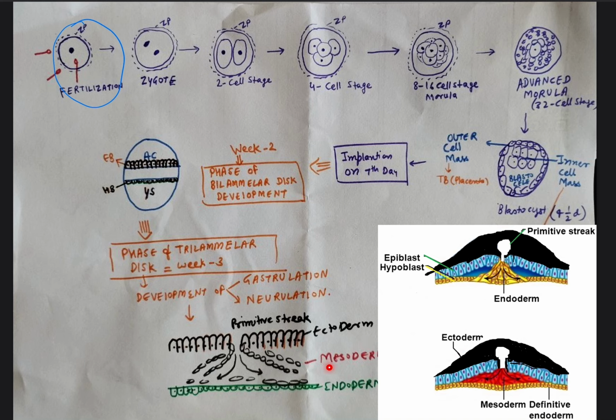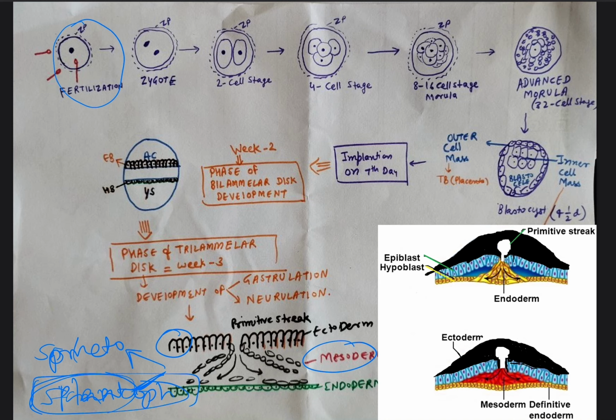This mesodermal part will further divide into three parts, and the lateral most part, which is the lateral plate mesoderm, is divided into two parts: splanchnopleuric mesoderm and somatopleuric mesoderm. Somatopleuric mesoderm is toward the ectoderm, while the part of mesoderm which is toward the endoderm is known as splanchnopleuric mesoderm.